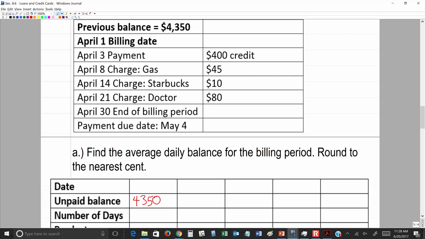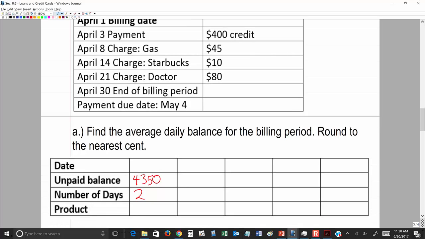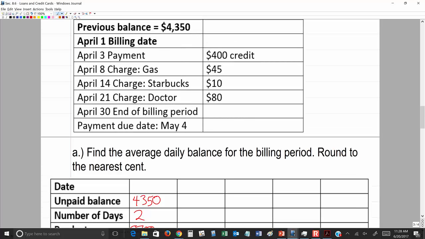And then on the 3rd, you make a payment, so that balance lasts for 2 days. You multiply the balance by the number of days. So $43.50 times 2 is $8,700, because it starts on the 1st and the payment is made on the 3rd. So 3 minus 1 is 2.